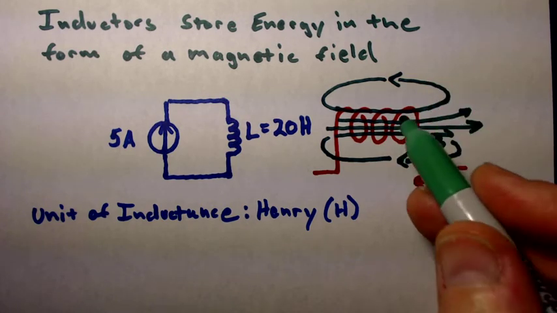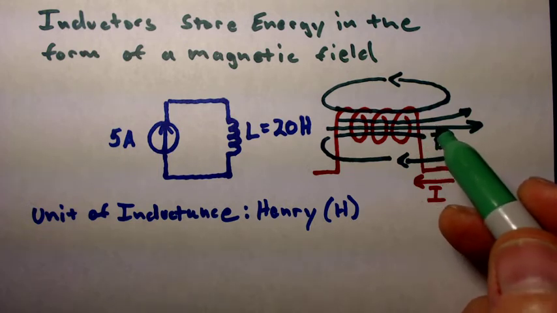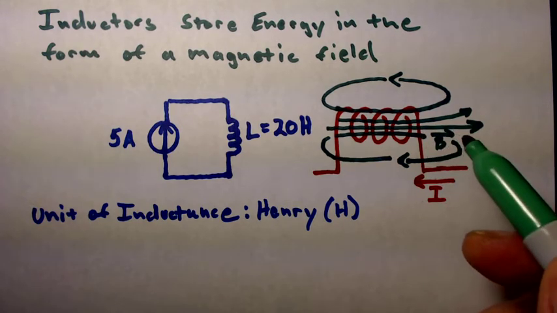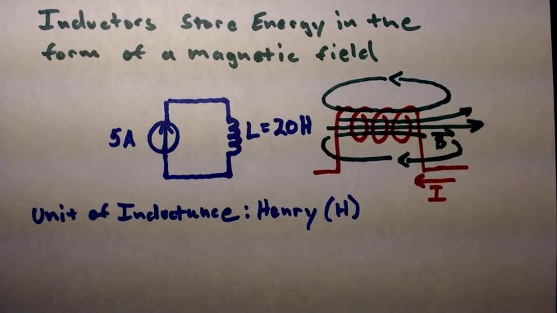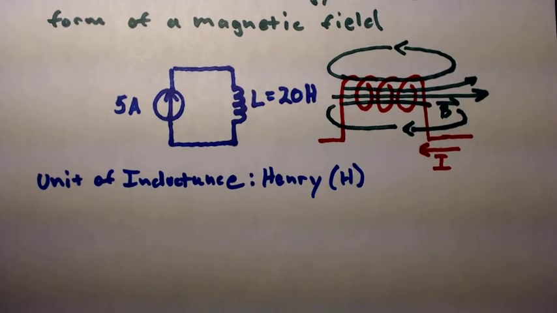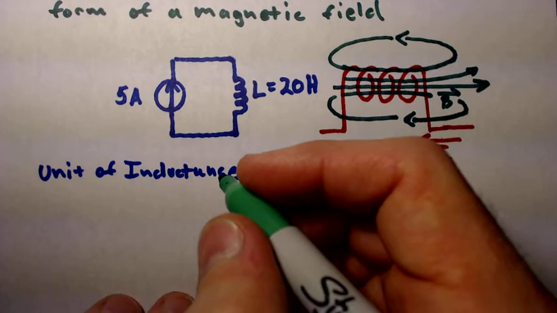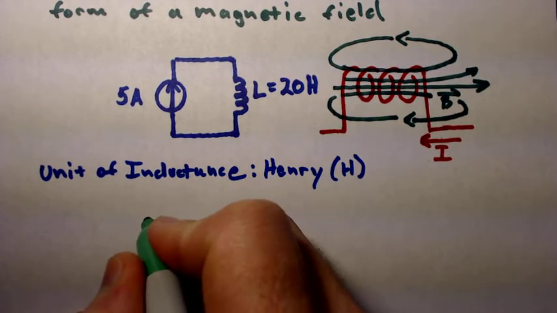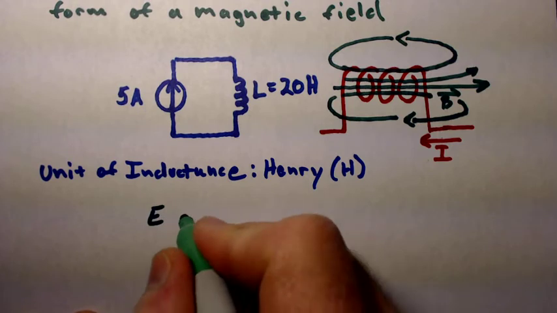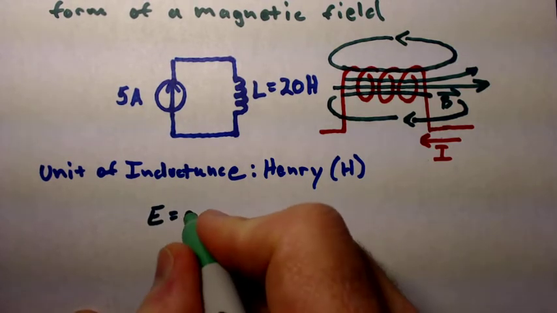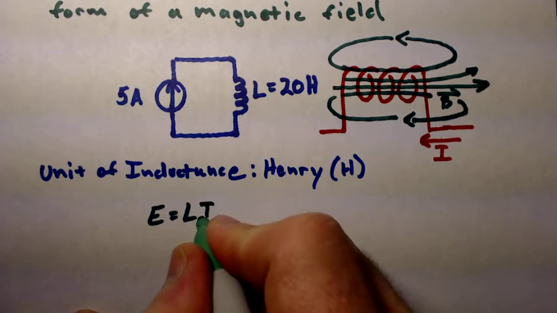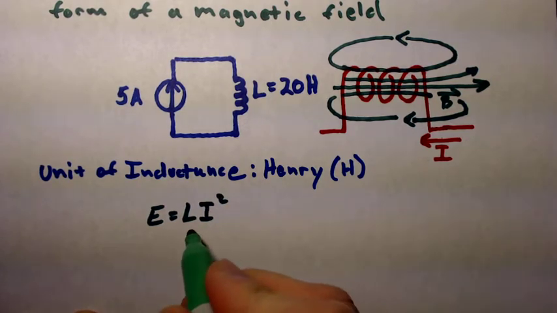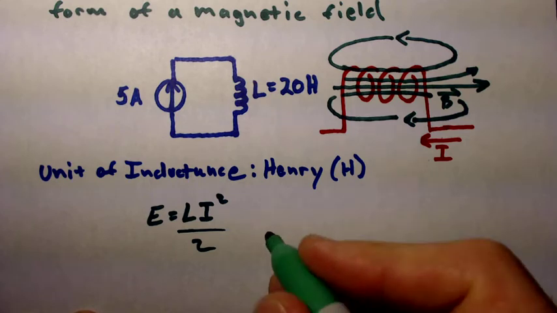Now that magnetic field is storing energy, and we can actually write out how much energy is stored in this magnetic field. The formula that we'll use is E for energy is equal to inductance L in henries times the current squared divided by 2.